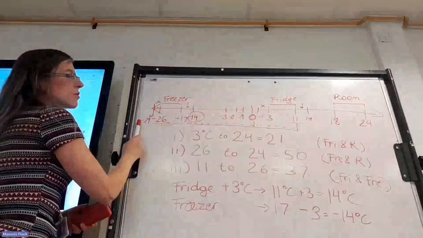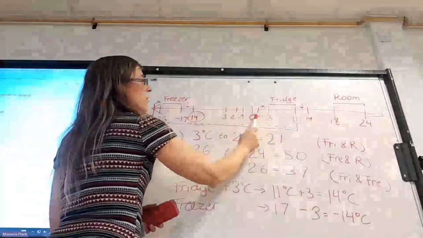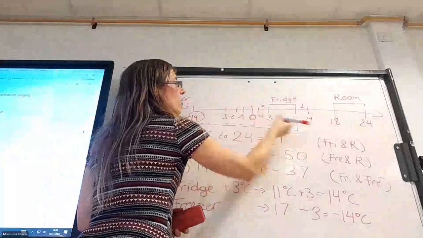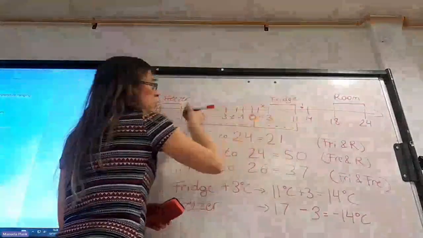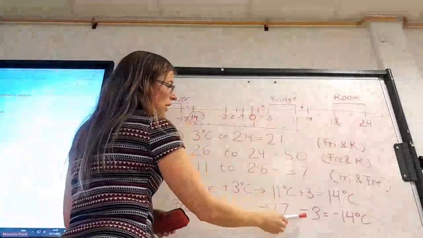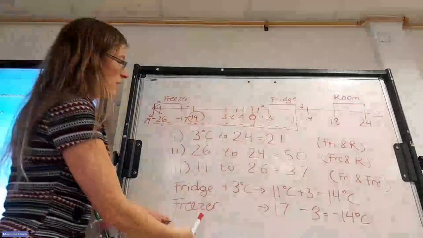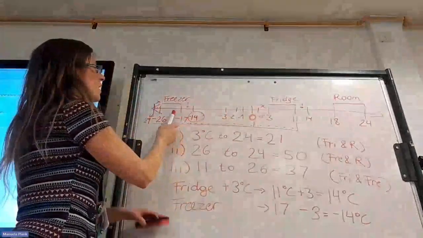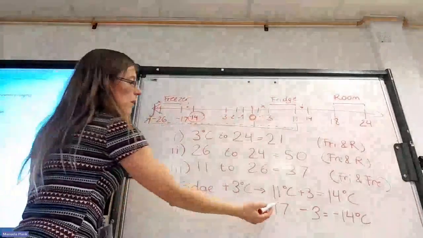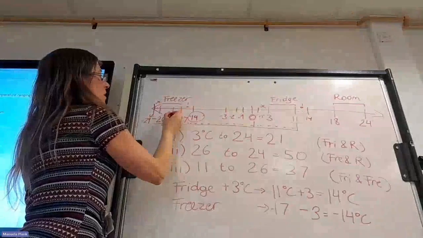Plus 3 here doesn't trigger an alarm, because the colder the better. Same for here. But if we go to the right side, so if it gets warmer, the fridge or the freezer, plus 3, it will. And here with the freezer, you have to be careful. You cannot do 17 plus 3, because if you ignore the minus, then you're going to get 19.